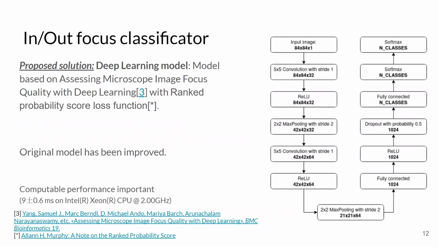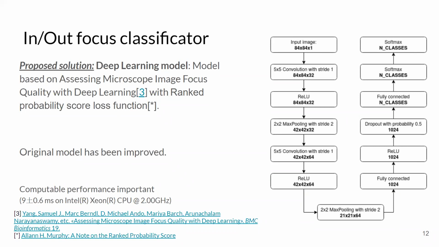Well, our next point is using deep learning, of course, and as a deep learning baseline model, we used the model based on the Assessing Microscopy Image Focus Quality paper. It's a simple convolutional neural network, but with a very interesting loss function. As a loss function, the authors used the ranked probability score loss, and for optimizing the neural network, they used stochastic gradient descent.